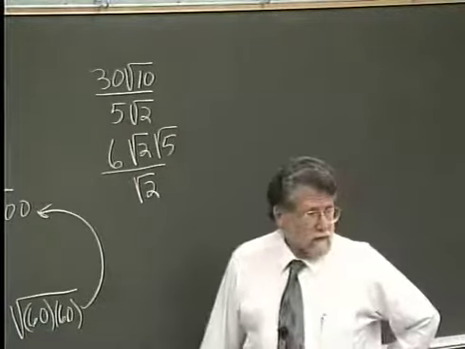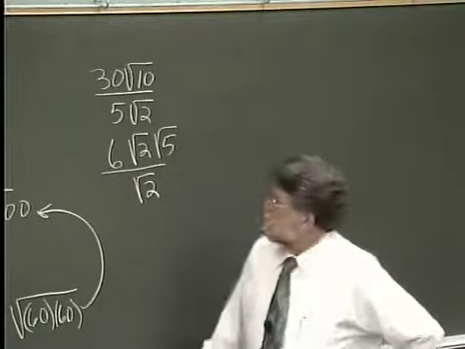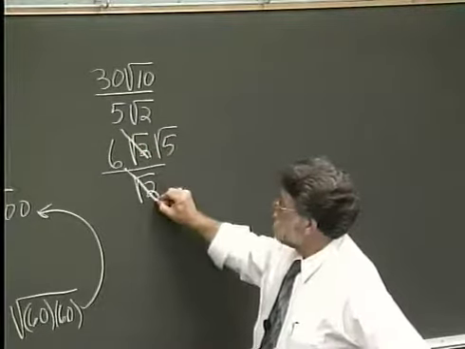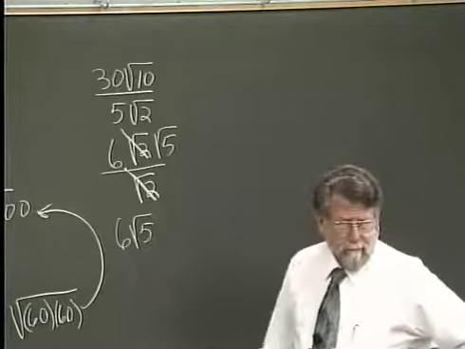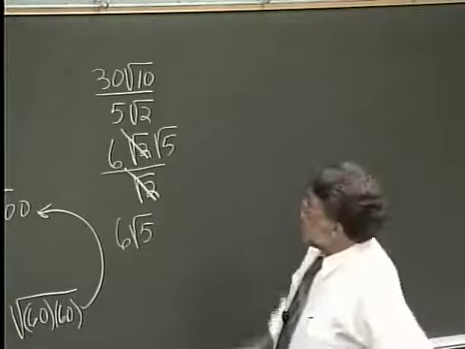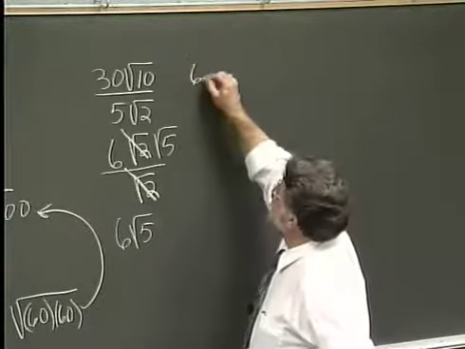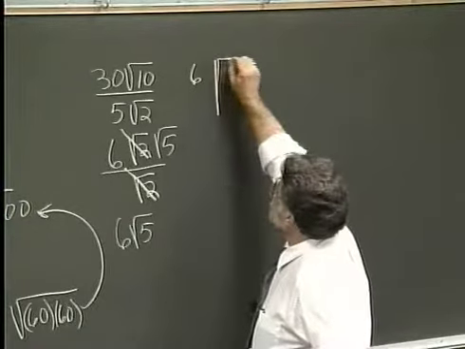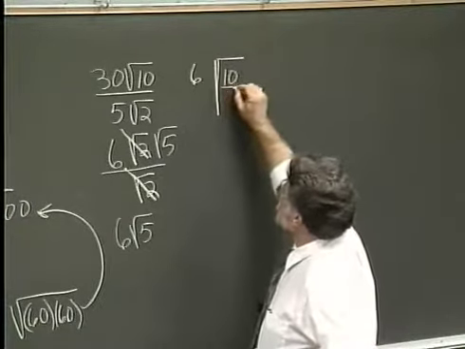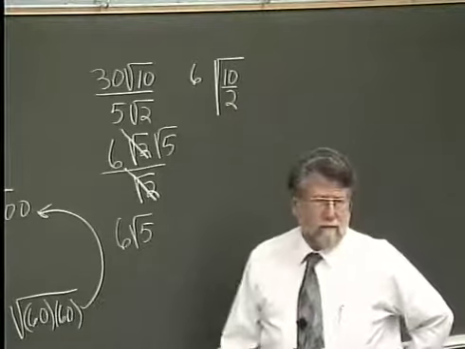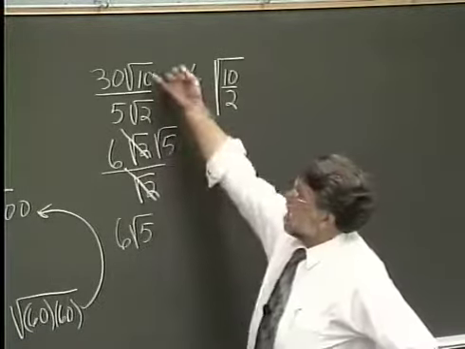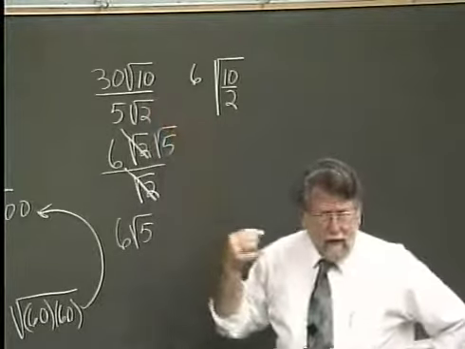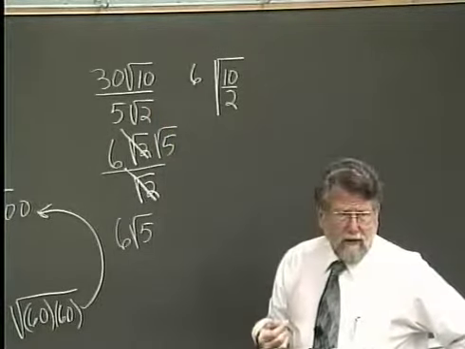One approach that works: divide the square root of 10 by the square root of 2. Or, you can bring the fraction underneath the square root.